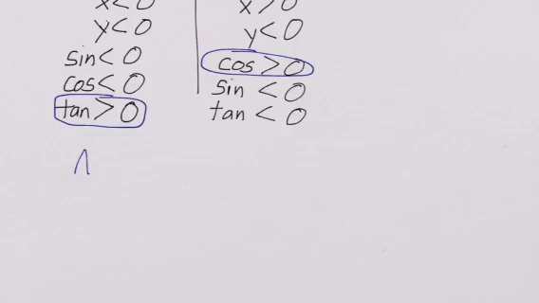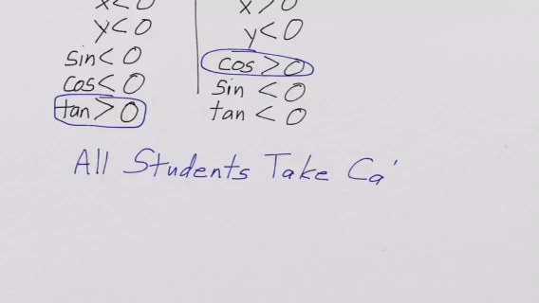It is: All Students Take Calculus. That's telling us in the first quadrant, all of the trig functions are positive. In the second quadrant, the sine is positive. In the third quadrant, the tangent is positive. And in the fourth quadrant, the cosine is positive.